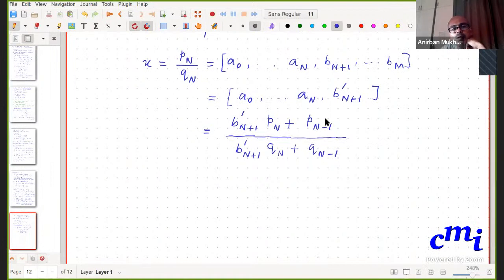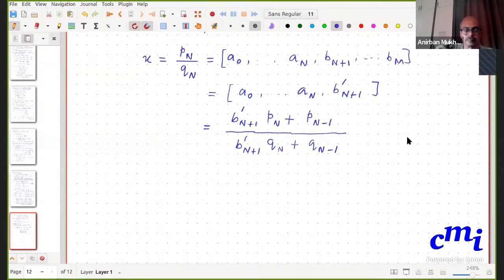And because we have proved that the partial quotients are equal up to capital N, up to the nth stage, therefore all these Pn's and Qn's are equal up to that stage. So we can write this. The last one below. And now let's cross multiply.